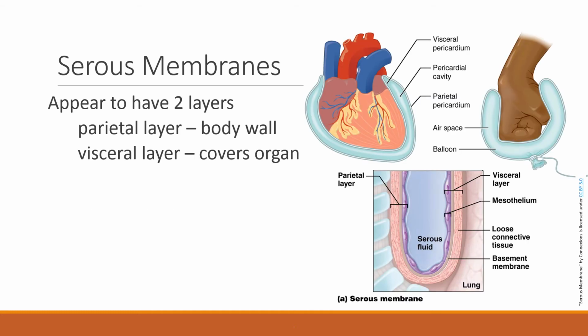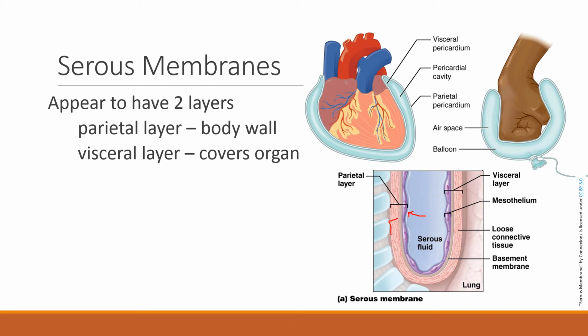Serous membranes, or serosae, are single-layer membranes that line the thoracic and abdominal cavities, in particular, but they can be located in other places in the body as well. These membranes consist of a single layer of epithelial tissue, like you see here, that sits atop a single layer of loose connective tissue.